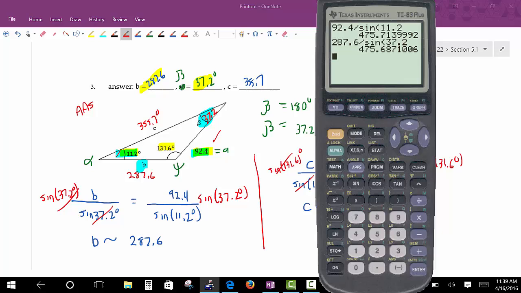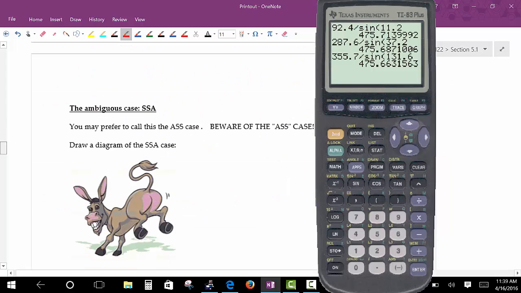That gives the same. And then finally side C, 355.7, and divide by the sine of its opposite angle. That will verify that that's the right answer. Everything pretty well came out the same or close to it. Okay, now let's go to the next thing.